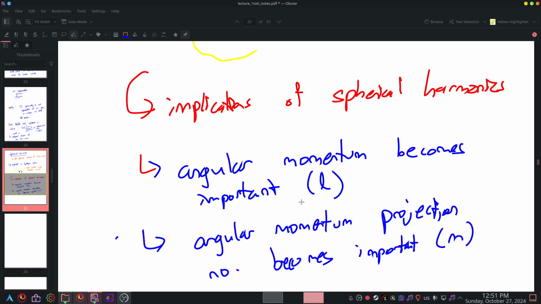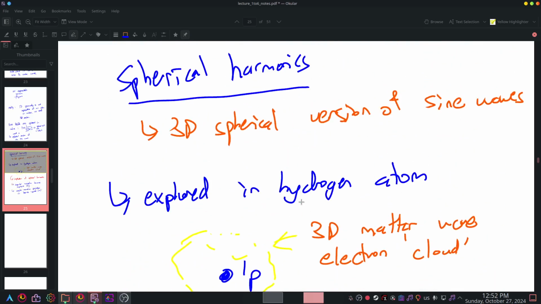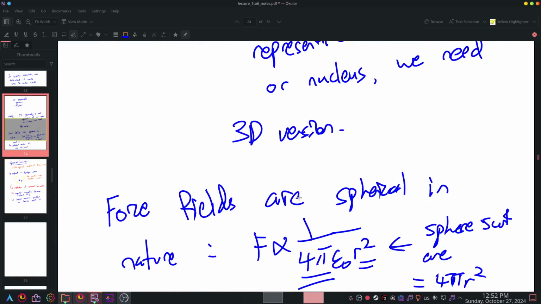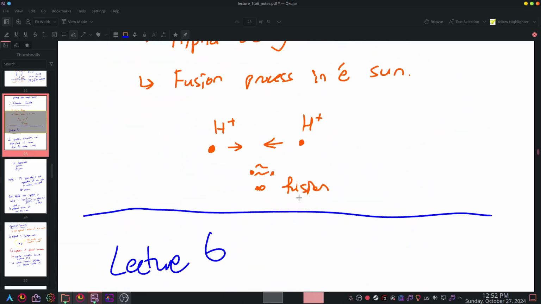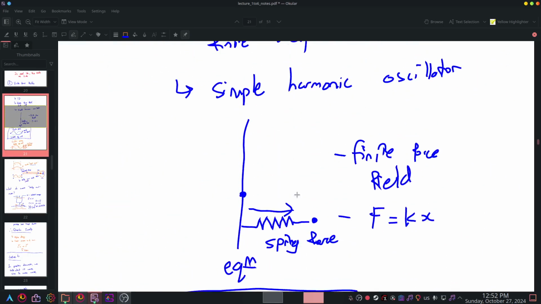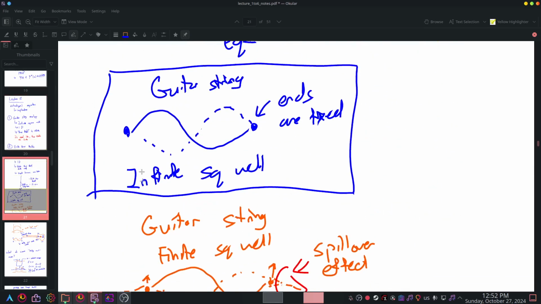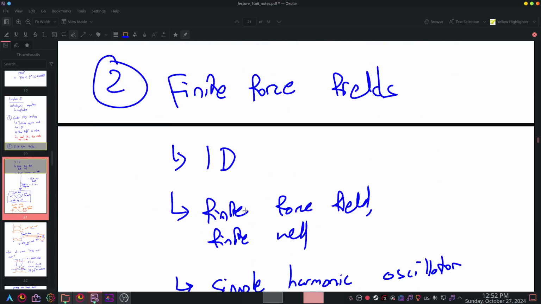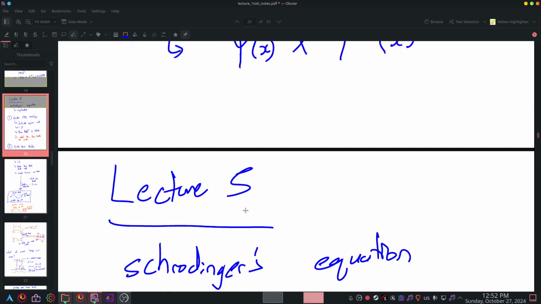Now the n number is called the principal quantum number. Basically, it just gives us the general energy level of the electron wave, which describes how the wave is vibrating.